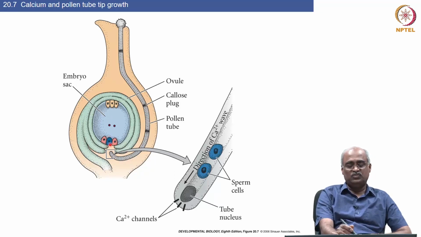One is going to fuse with the egg cell nucleus, and that is the normal fertilization generating a zygote, and the other one is going to fuse with the two nuclei of this endosperm precursor cell. This is going to become the endosperm, and this multinucleate cell finally is going to make the food reserve for the developing embryo, which we call the seed.